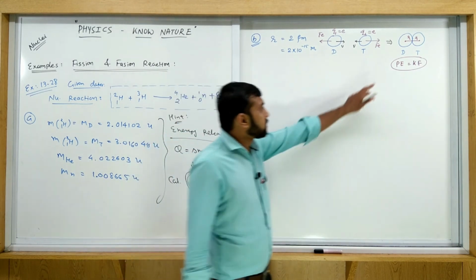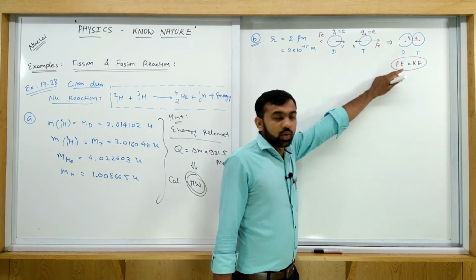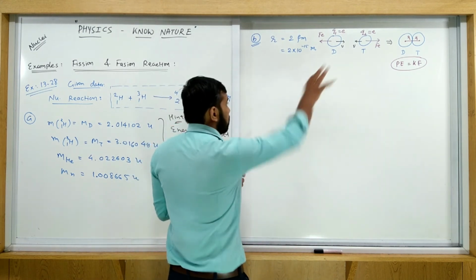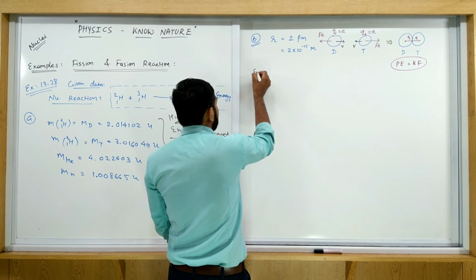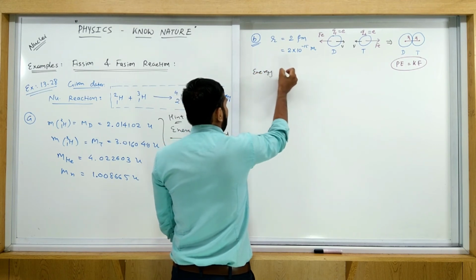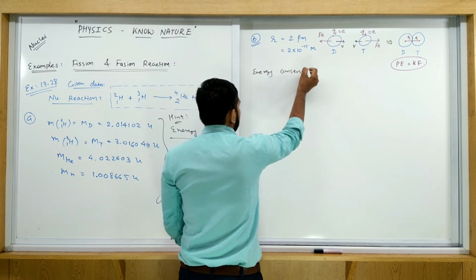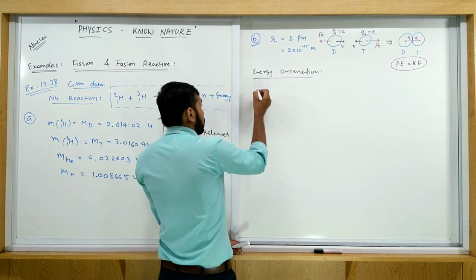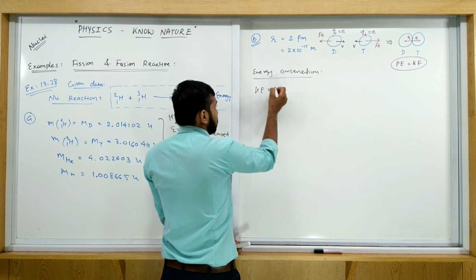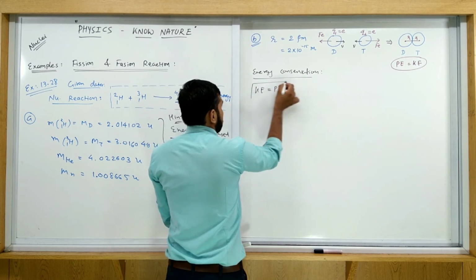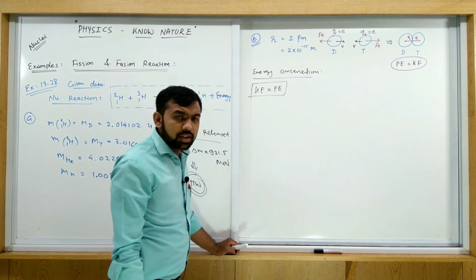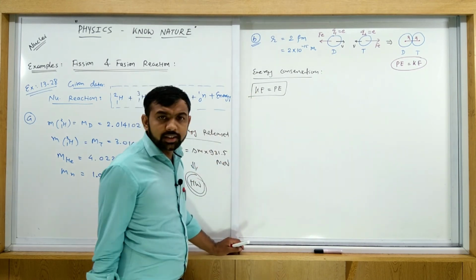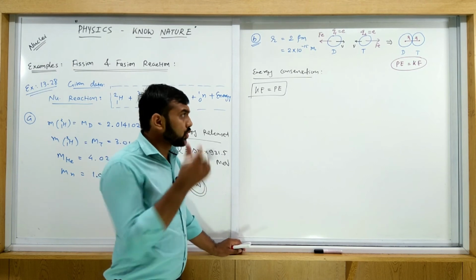So we have to use this potential energy equation. By energy conservation, kinetic energy is equal to potential energy. In the previous examples we discussed how to get the potential energy between the two nuclei.